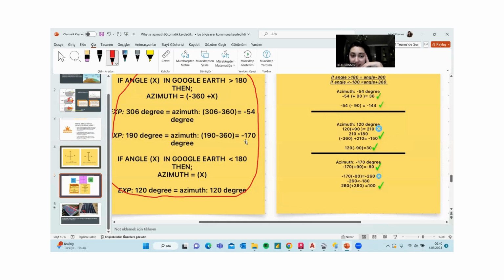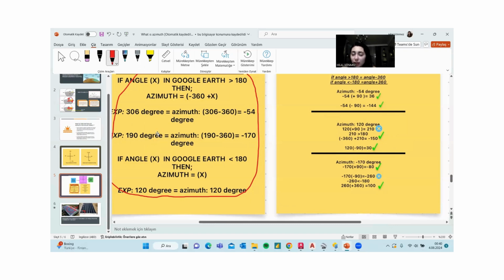Or for another example, as you can see, we can find the azimuth of our roof in Google Earth as 190 degrees.